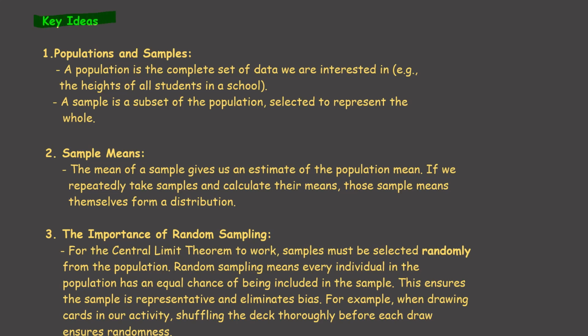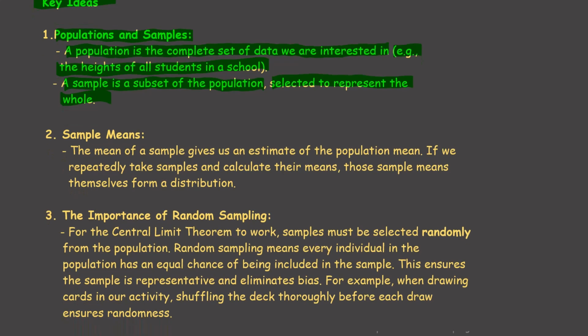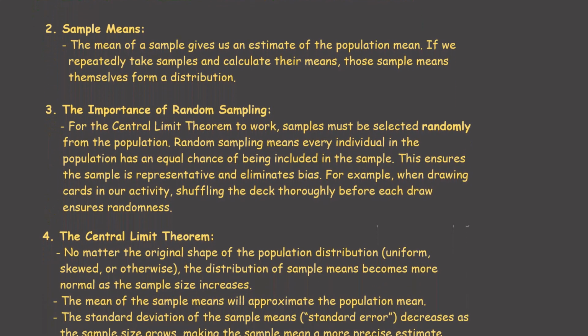So key ideas: populations and samples. A population is the complete set of data we are interested in, e.g. the heights of all students in a school. A sample is a subset of the population, selected to represent the whole, and there's a whole science behind that, which I'm sure you've discussed elsewhere.